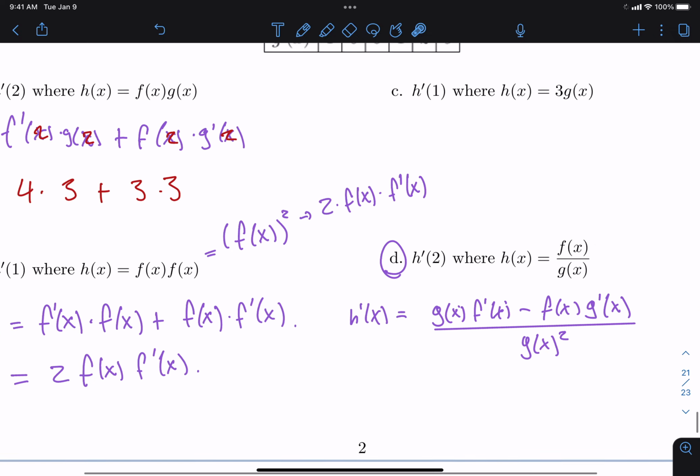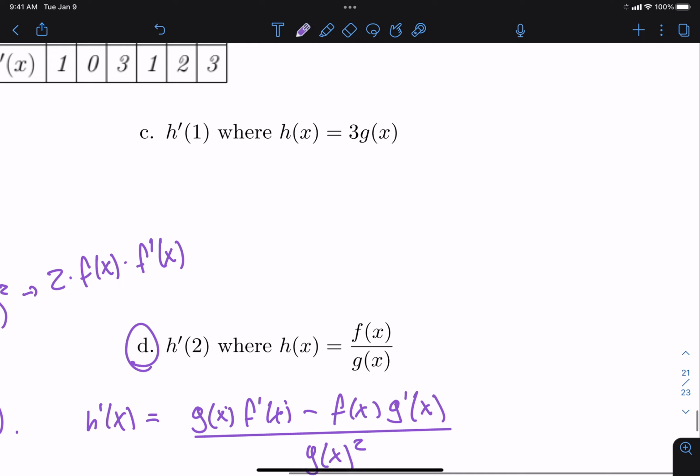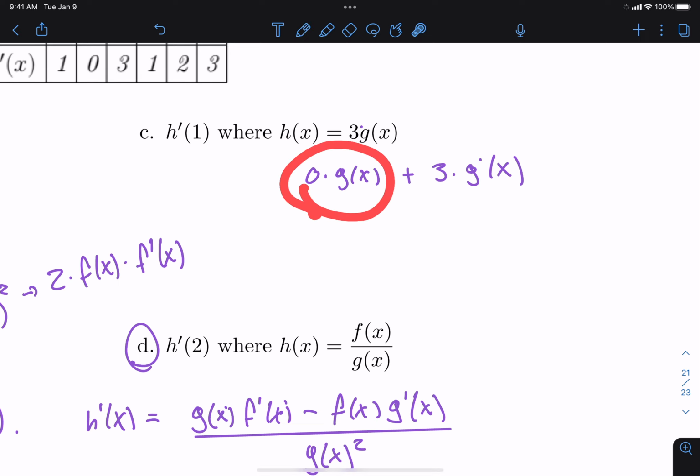which is also demonstrated in part C, because part C, yes, is a product, but it's a product of a number with a function. So you could go ahead and use the product rule where you would get 0 times g of x plus 3 times g prime of x. But when you do this first part, you see 0 times anything is 0, so it goes away.